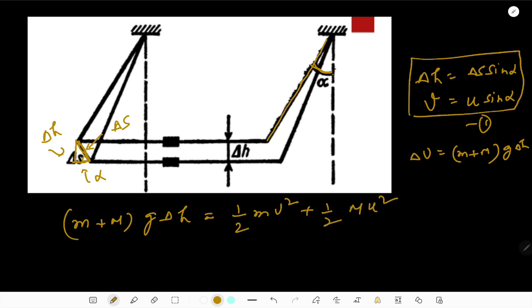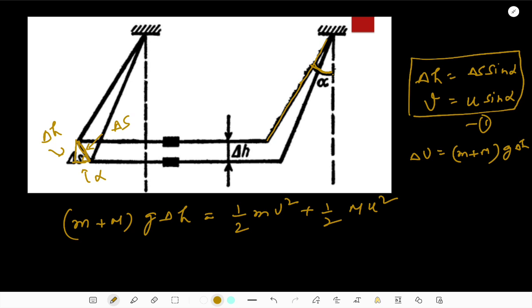Capital M is the mass of the rod and small m is the mass of the bead. Then I have to find the acceleration of the bead, and the bead is acted upon by gravity and the force of reaction exerted by the rod on the bead.